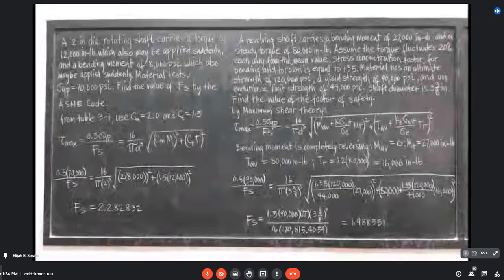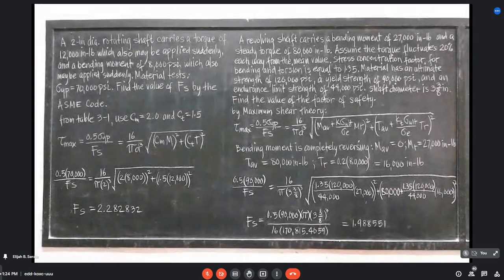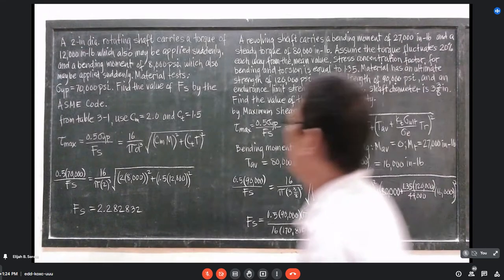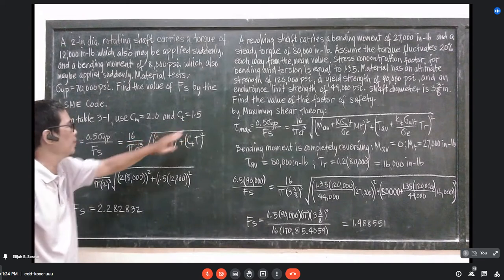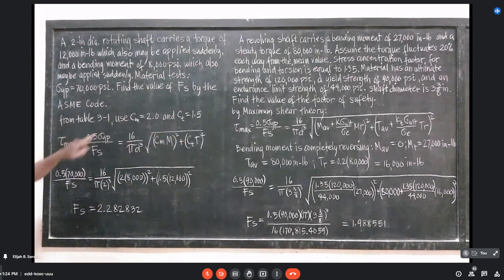So let's go back. Okay, so our Cm here is 2 and our Ct is 1.5 from table 3-1.